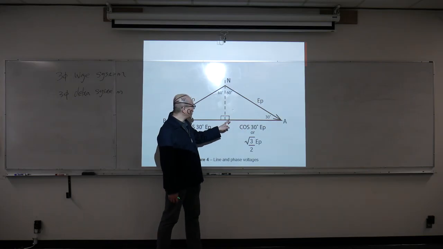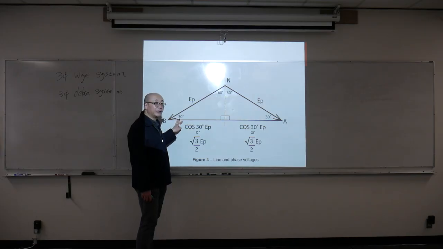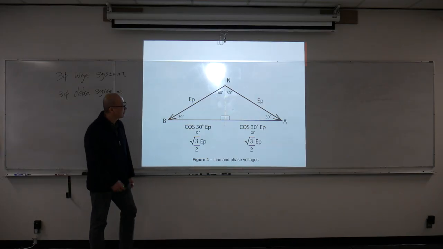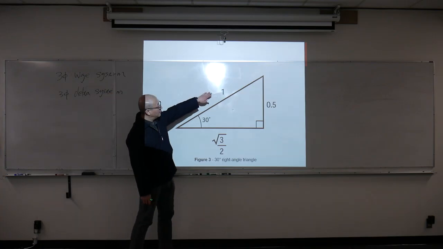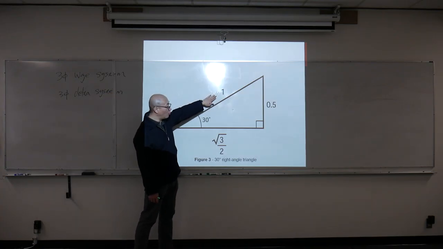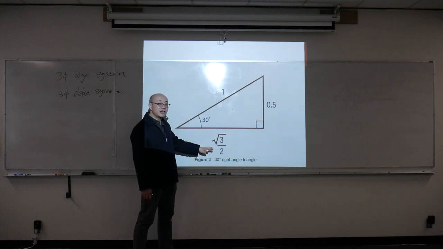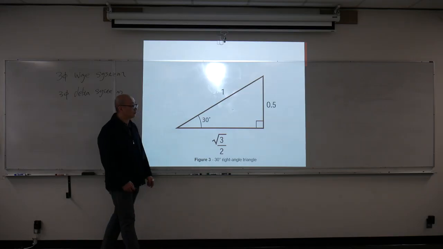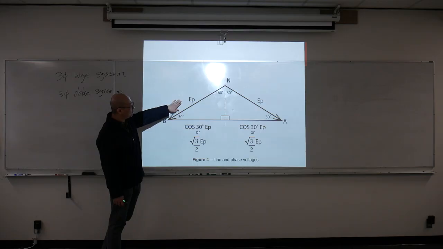Then this is a right-angle triangle, with 30 degrees on this side and 30 degrees on that side. Remember the triangle we just did? When the hypotenuse is 1, at 30 degrees the adjacent side is root 3 divided by 2.